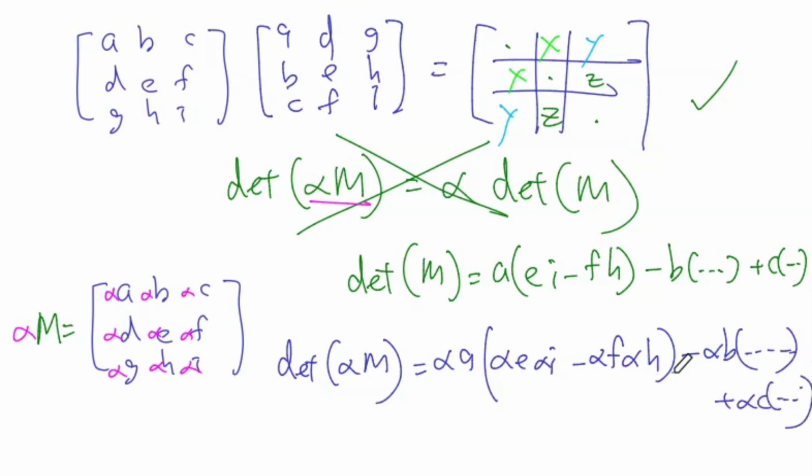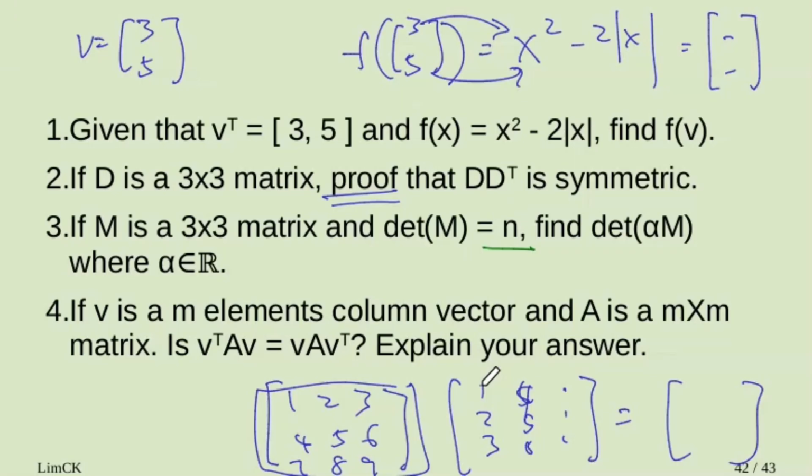You write down all this, and then you can find out that you can factorize this in the form of something multiplied with the determinant of M. Try to find what this something is. So this is question 3.